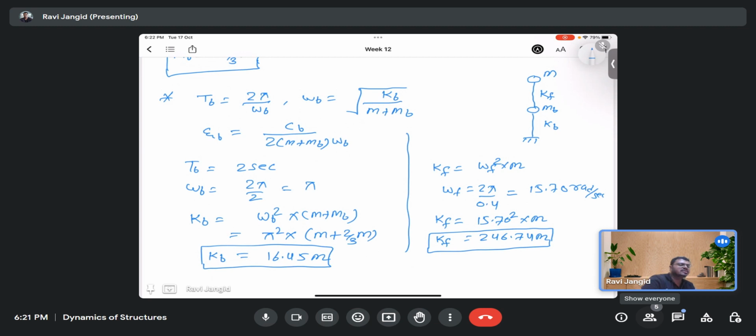Damping matrix we will develop later, but before that, to find out the modal properties, we need the mass matrix and the stiffness matrix. So develop those. This is a 2 degree of freedom system normally, so I don't think it would take time.